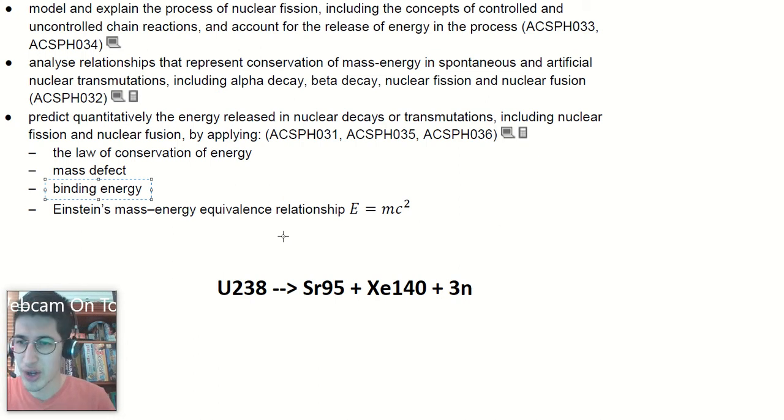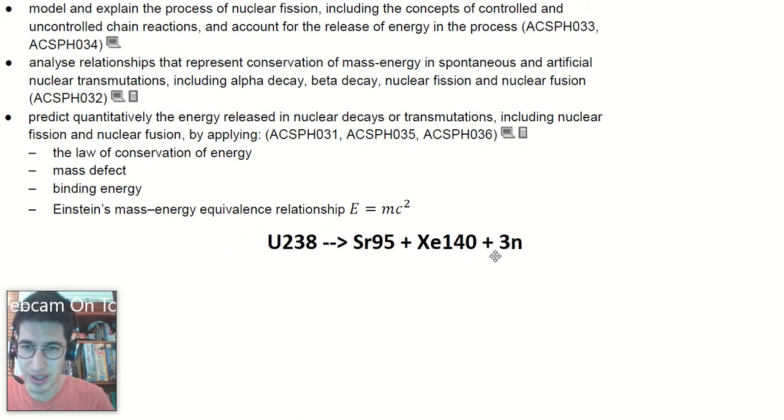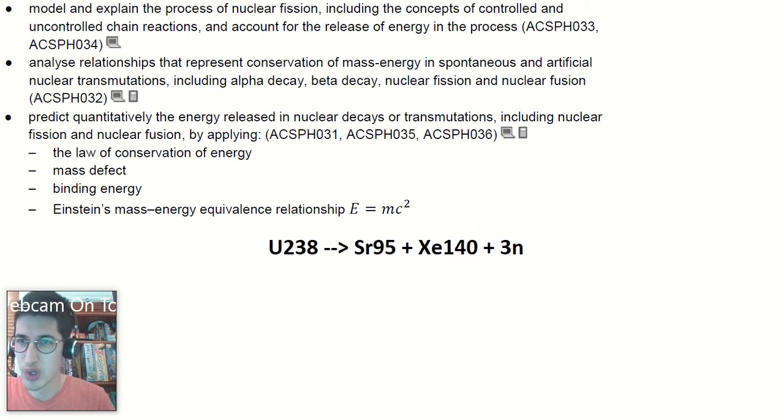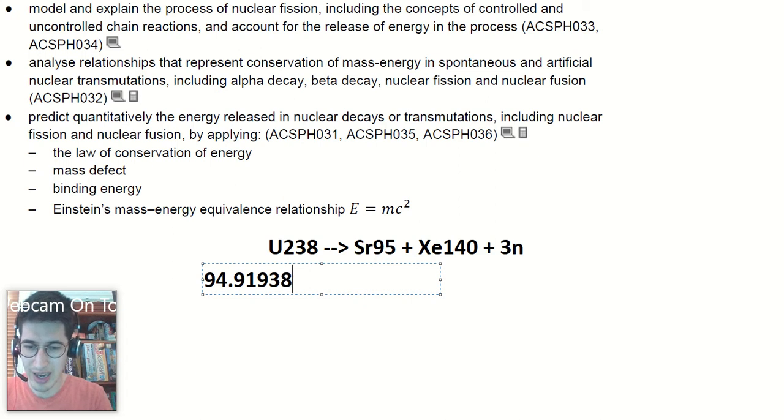Okay, so let's analyze this by actually calculating what amount of energy is being produced here. So we have the atomic masses of each of these things, right? The atomic mass of the strontium-95 is 94.919388 atomic mass units.